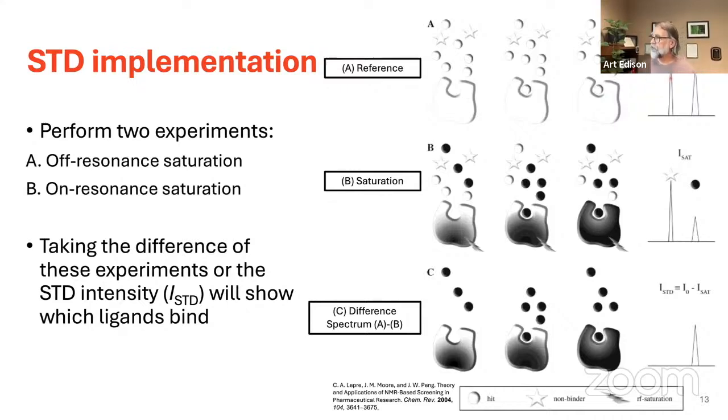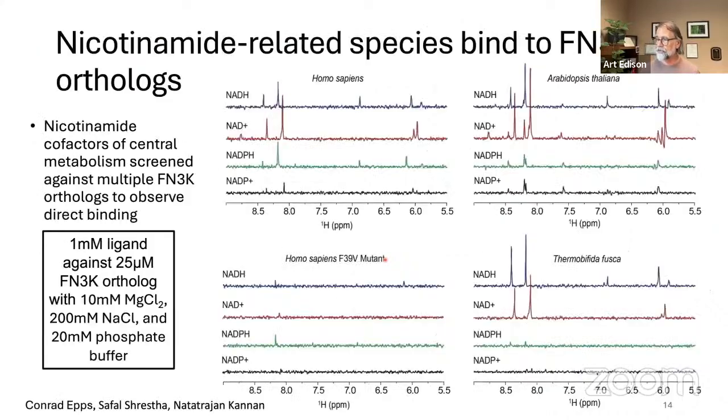In one case, you get a spectrum that looks like this, on the top, and in the other case, the saturated compounds, the ones that are binding to the protein, are diminished in their size. If you take the difference of these two, then you see a peak that shows up positive for the compounds that bind to that protein. So it's very powerful. It's used for lead screening a lot in the pharmaceutical industry.